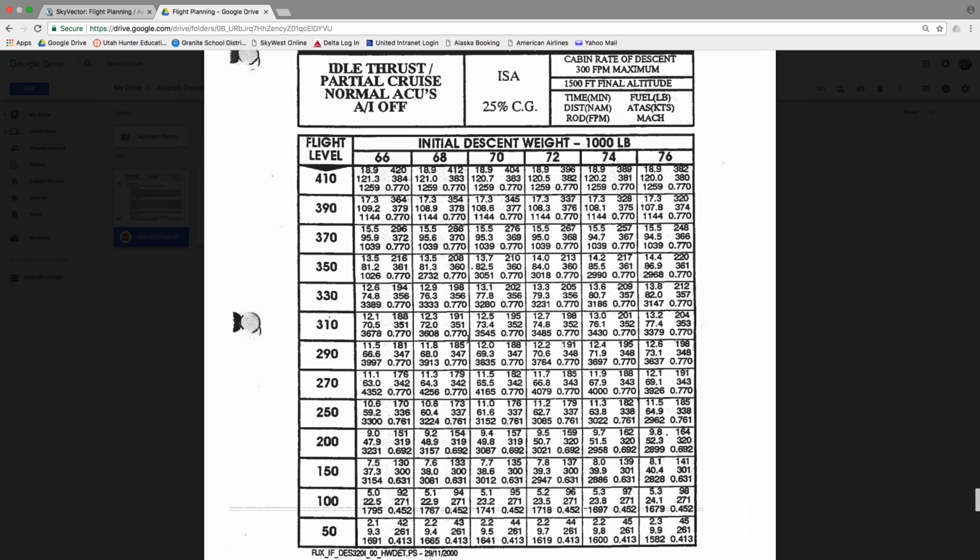Yeah, so look at your highest box and your lowest box if you had to do four. 18.9 to 17.3 for your time. That's a minute and 30 seconds. Yeah, I was gonna use the 60,000 column. So your fuel, 389, 320. It's not that big of a difference. Okay.